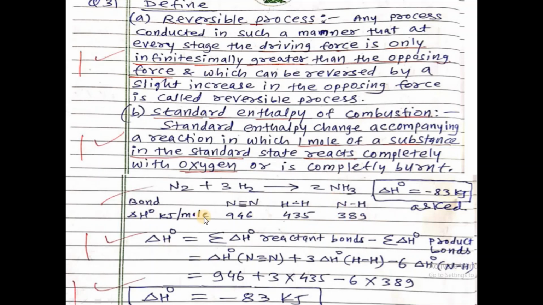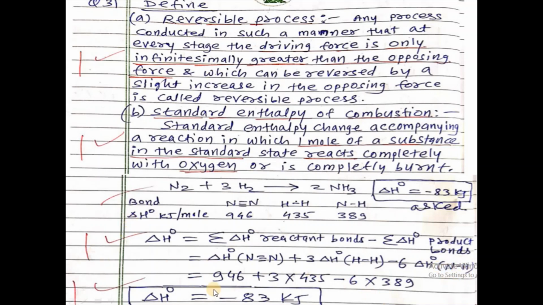and the formula is delta H0 is equal to summation of bond enthalpies of reactant bonds minus those of product bonds. Here 2 reactants are there, N2 and 3H2, and we have to take 3 H-H bonds, hence 946 for the N2 plus 3 into 435 for the hydrogen, minus 6 into 389, because 2NH3 has 3 N-H bonds each, so the whole reaction has 6 N-H bonds.